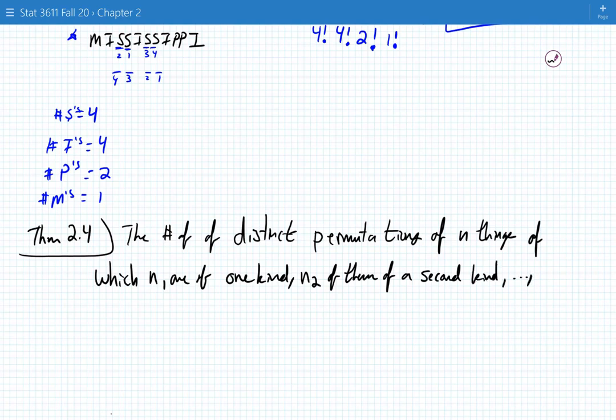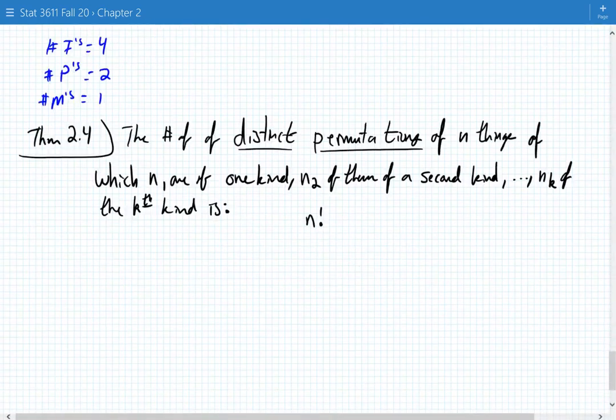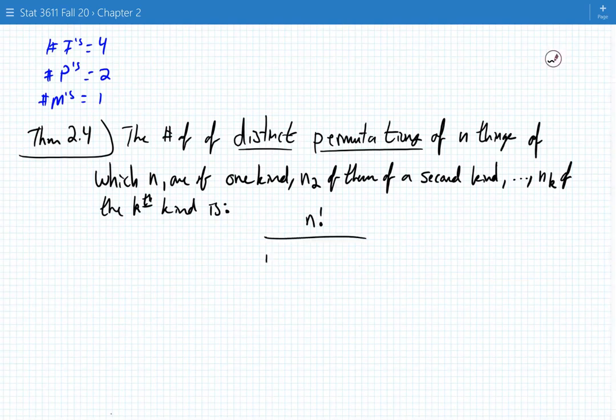Maybe we have k different types. There are n sub k of the kth kind. The number of distinct permutations is n factorial divided by n1 factorial, n2 factorial, n3 factorial, and so on, up to n sub k factorial.